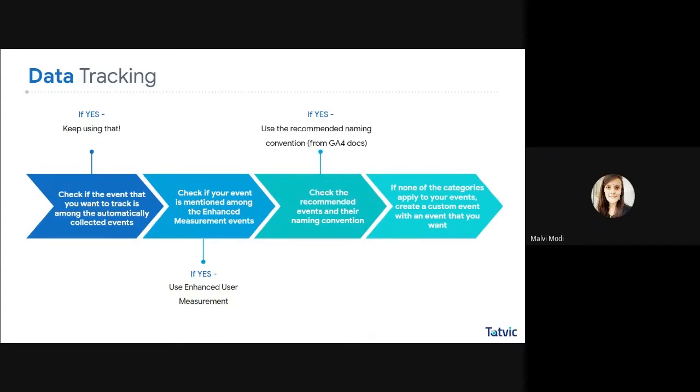If it is still not there, you can check the recommended events and their naming convention. If it's not even there, then you can create a custom event with a naming convention that you want. So this gives you 3 different types of events, and if they still don't match your requirement, then you can create a custom event as well.